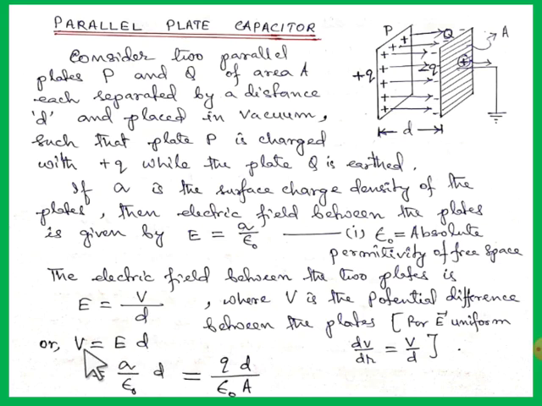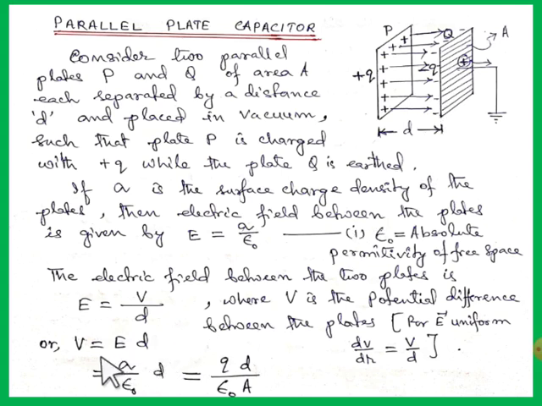You can remember this in that way: potential is defined as the amount of work done in bringing a positive charge from infinity up to that point. But here it is about the potential difference V between the two plates, which is the work done in bringing a unit positive charge from one plate to the other.